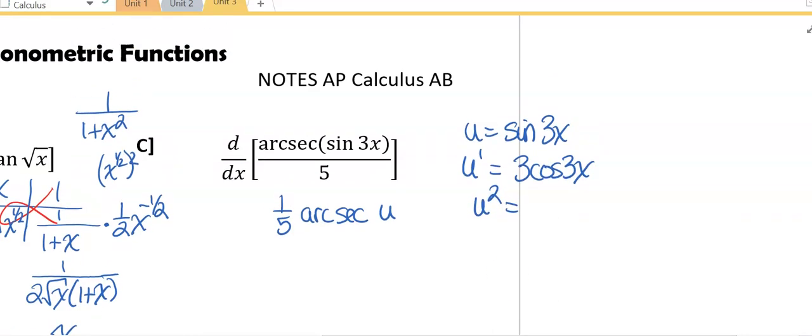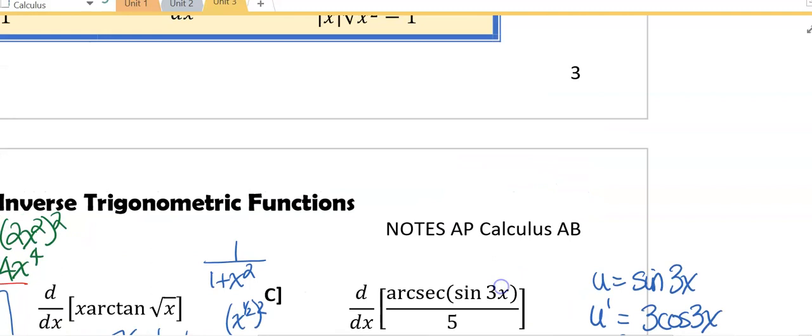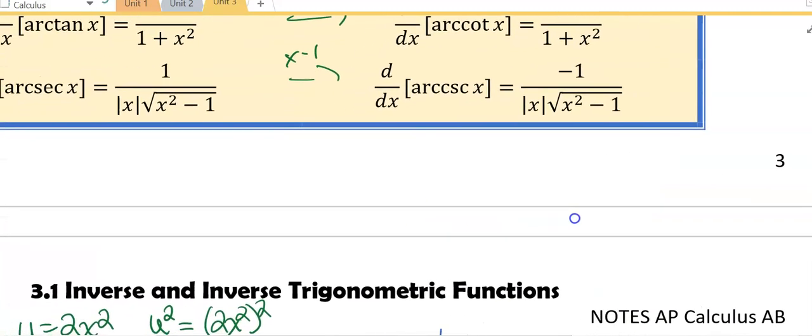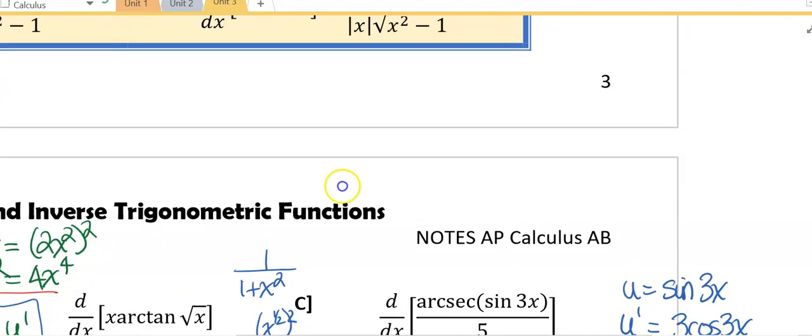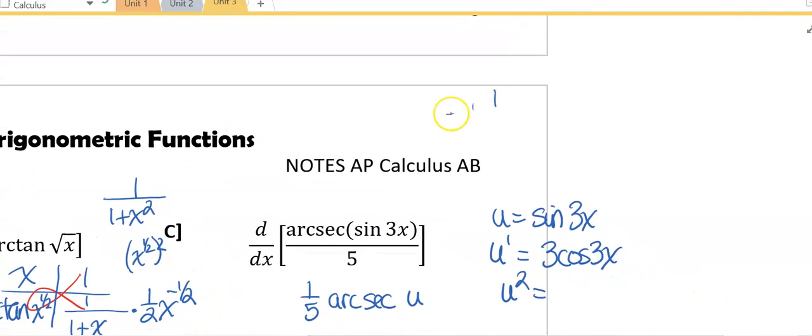Well, secant, look at it over here, is 1 over the absolute value of x times the square root of x squared minus 1.